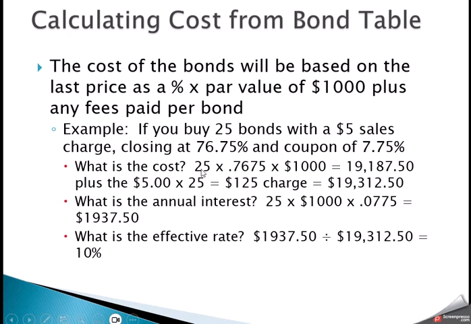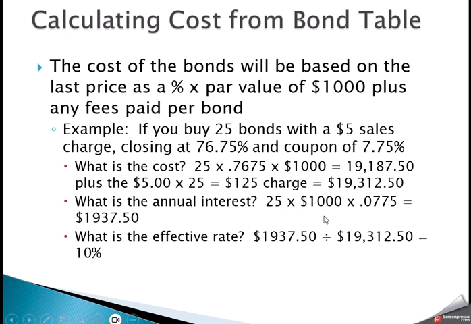So then our cost is 25 times the 0.7675 times the $1,000 par value. So we're paying $19,187.50 to buy the bonds. Plus, we're going to pay a commission of $125. So that brings our total cost up to $19,312.50. Then what's our annual interest?